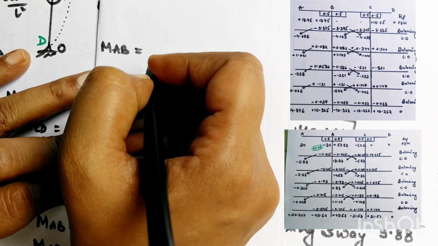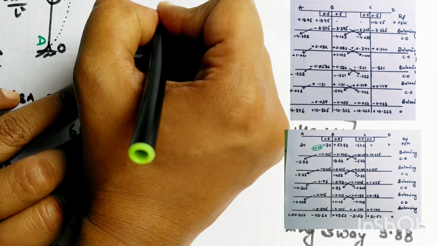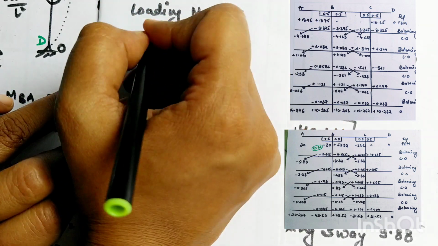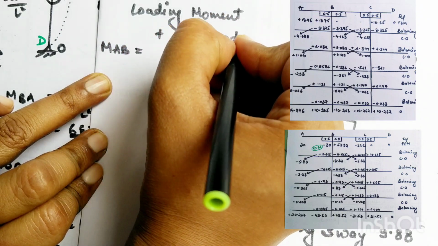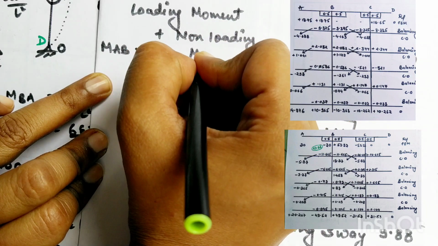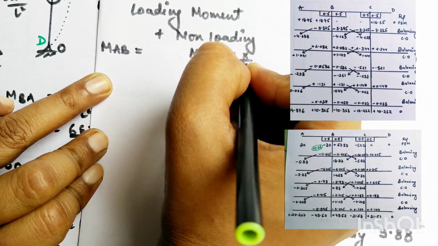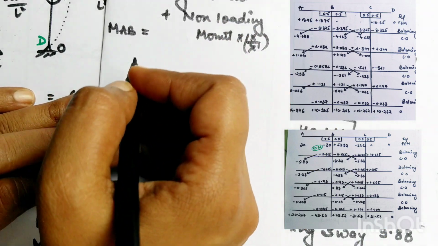So we have to write down all the moments that we are getting at the joints. So we have these many forces. Now how to write it? So our loading moment plus our non-loading moment into the factor, because this is our imaginary force that we have taken, an imaginary number, because our EI delta was not given.